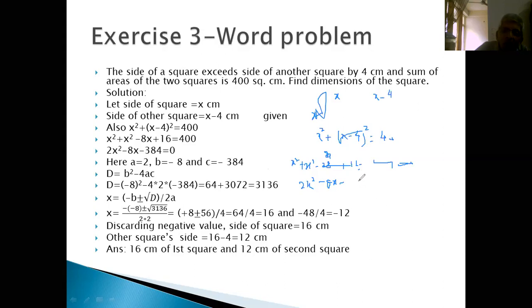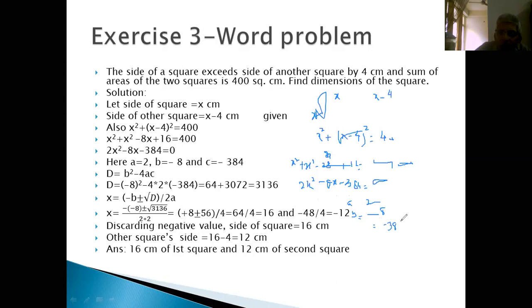So when I take 400 to the left hand side, I am left with minus 384 is equal to 0. Here you got a is equal to 2, b is equal to minus 8, and c is equal to minus 384.